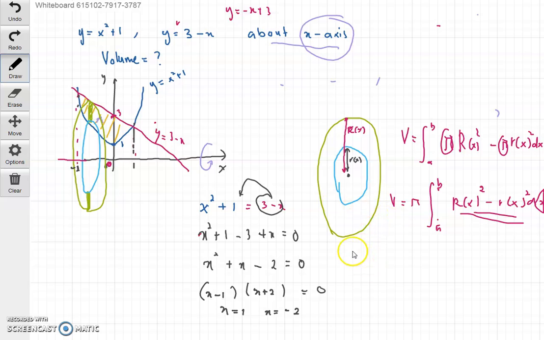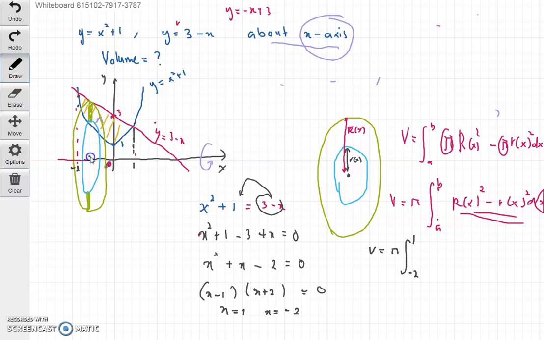So your equation now will be volume equals pi times the integral from negative 2 up to positive 1. Okay, now it's time for us to find the value of R. Big R is taken from the upper part towards this one.